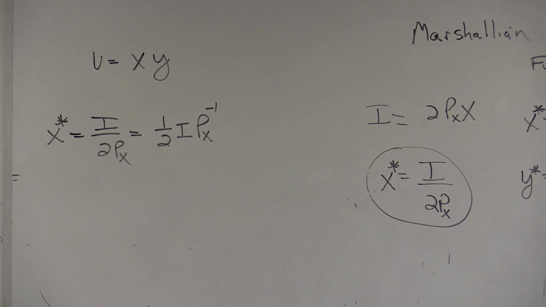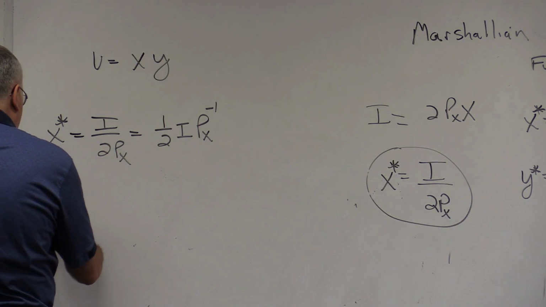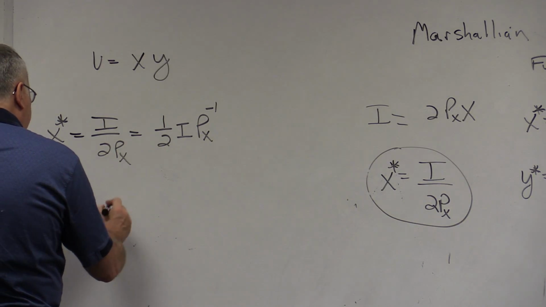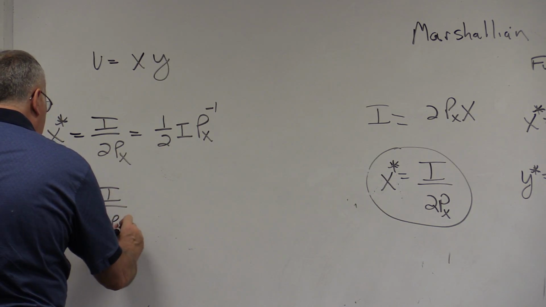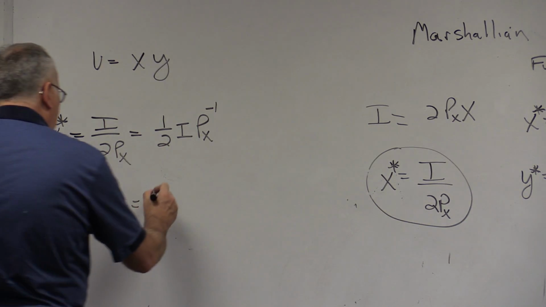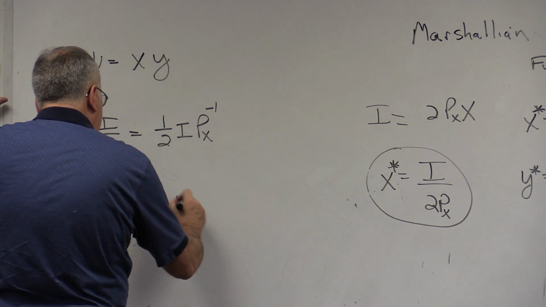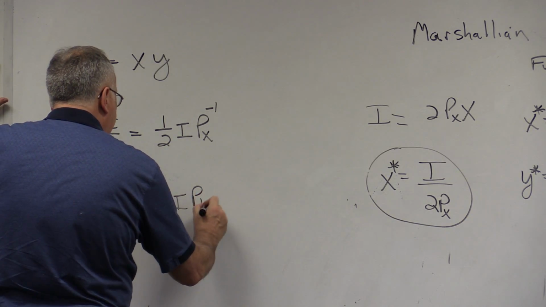And the Marshallian demand function for good y is a similar expression, only it's I divided by 2py. Or alternatively, it's 1/2 times I times py to the minus 1.